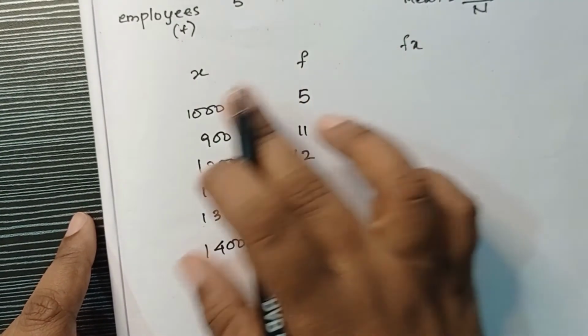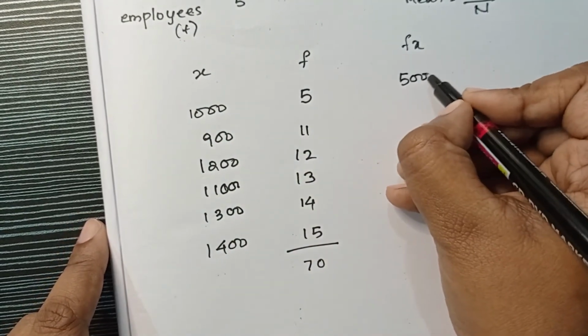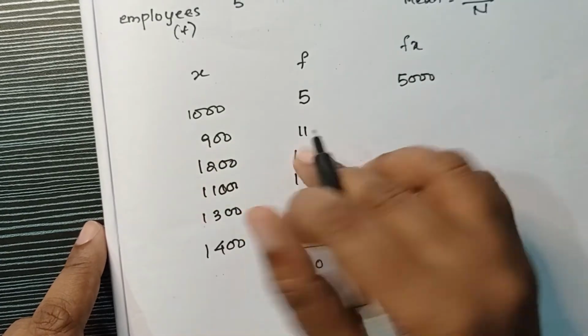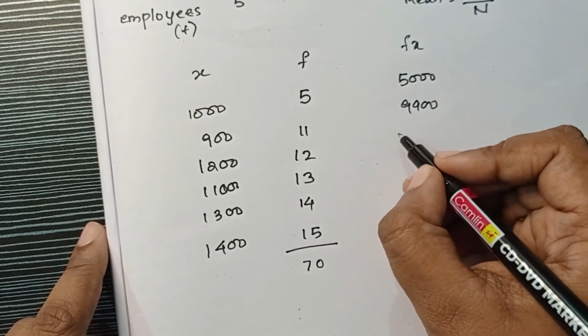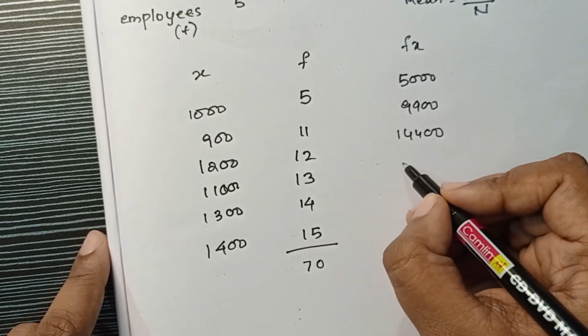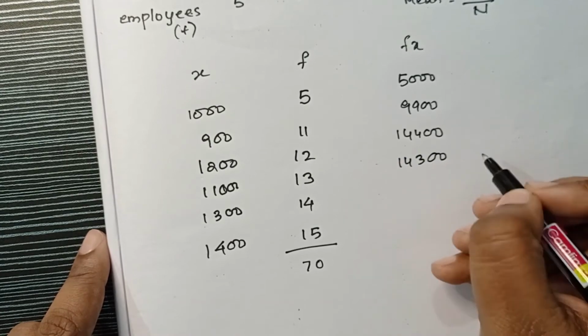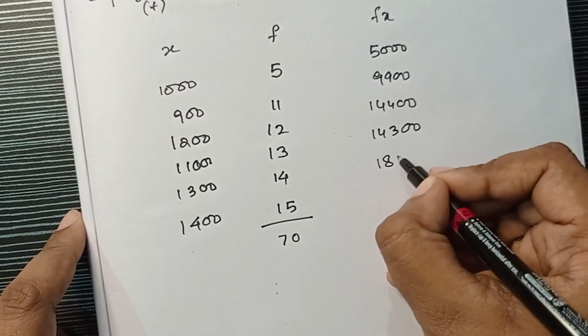And then we multiply these values: 1000 into 5 is 5000, 900 into 11 is 9900, this one is 14400, and then 400, then 18200.